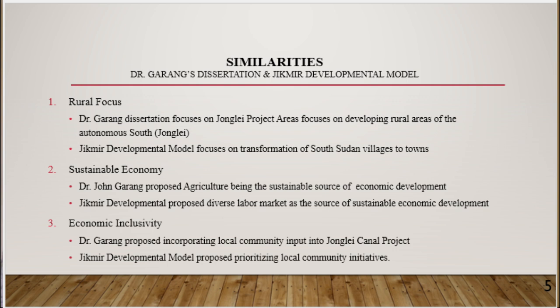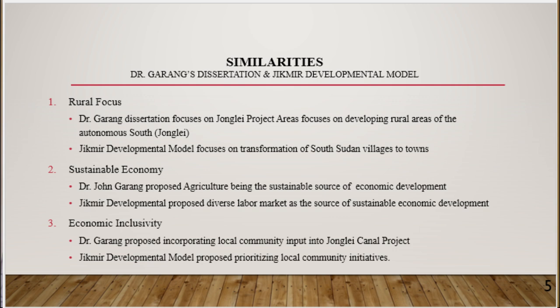And then you could ask yourself, okay, well, there are some differences between the two, but what are the similarities? Where do the two approaches meet? The first one is they both focus on the rural area, right? With Dr. John Garang's dissertation, it is on the Jonglei Canal projects.